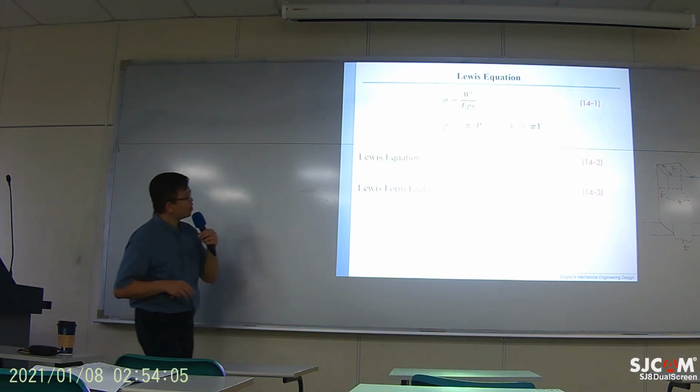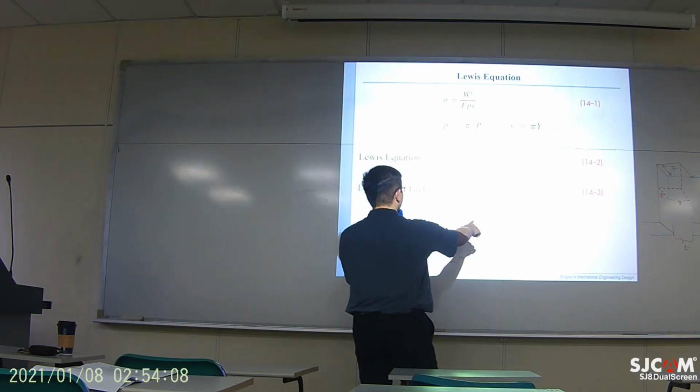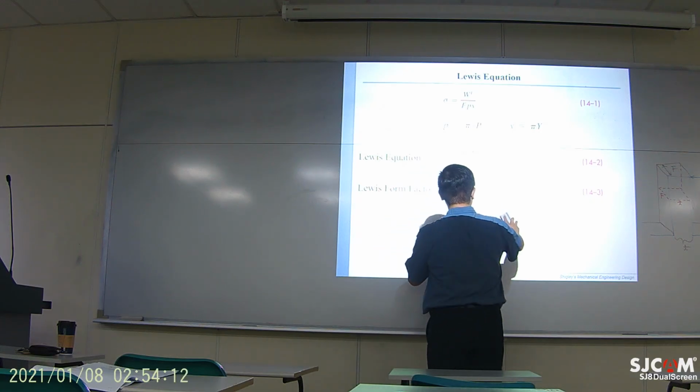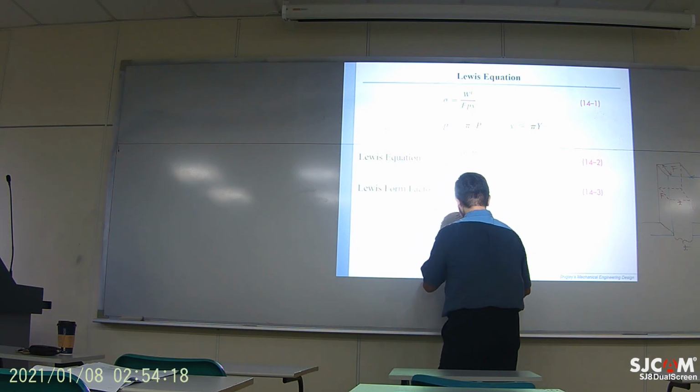Small p is 2x over 3y, right? Yes, I made a mistake here. It's 2x over 3y. Okay, that's fine.